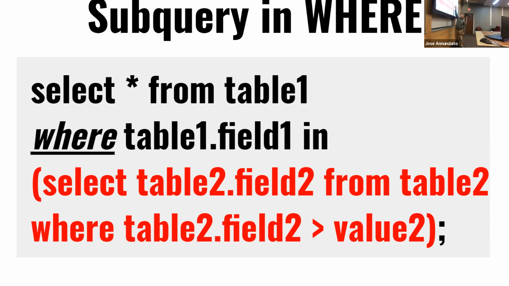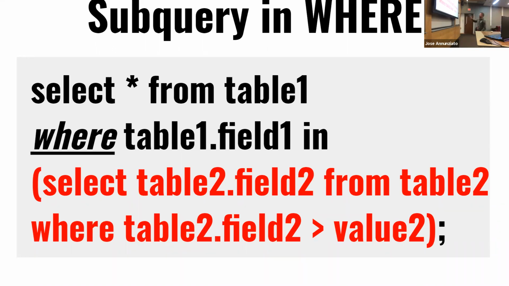Now that keyword in should give us a hint on what that inner select statement should do. If you remember, the in keyword says that you're going to compare a field with a vector of values. You're going to iterate and check if that value is any one of those values in the vector. Yes. Okay.